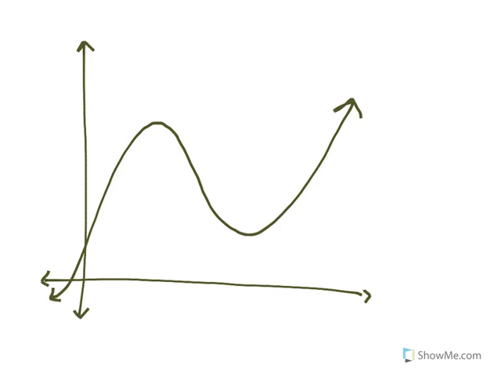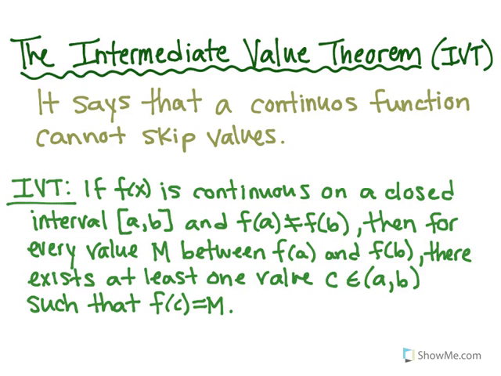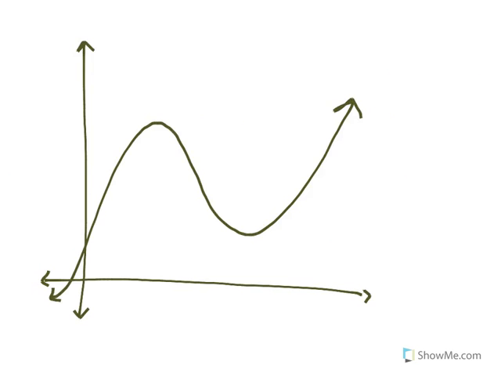So there's my function, and I'm going to have it go from a to b. Before we actually mark where we want a and b to be, their y values have to be different.